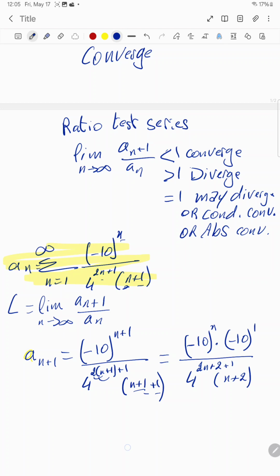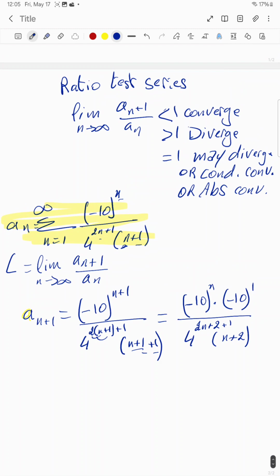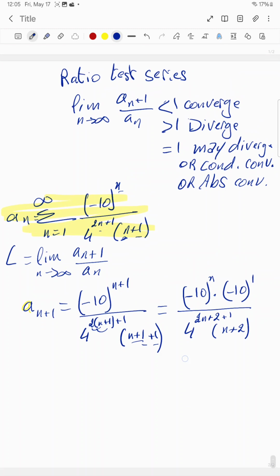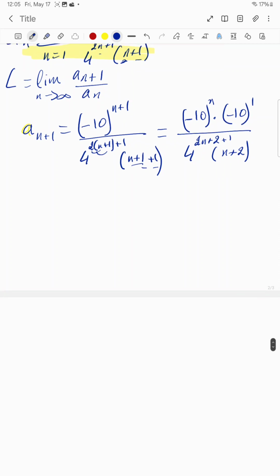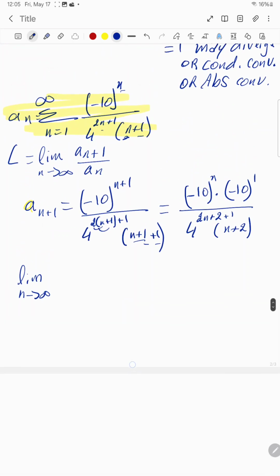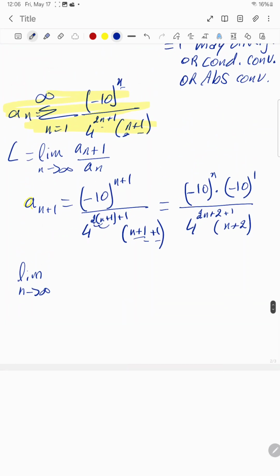So now let's find the limit when n goes to infinity of a of n plus 1 divided by a of n. So the limit when n goes to infinity, I will start with a of n plus 1, which is minus 10 to the power of n times minus 10 to the power of 1 divided by this.